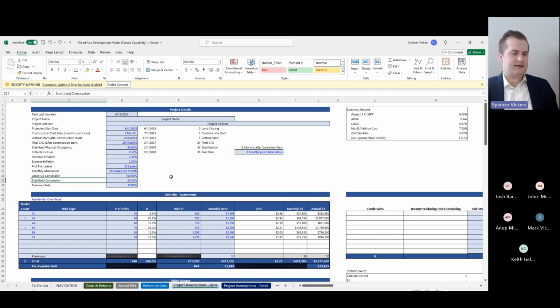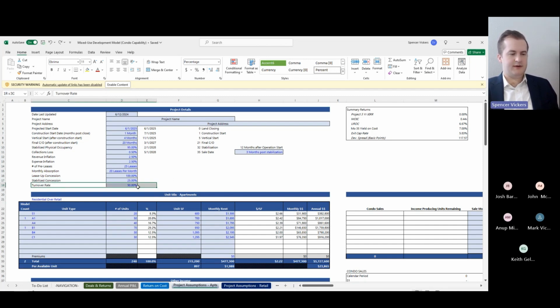So that's something to watch. It's important to include a stabilized concession if the market is concession driven. But to the extent that it's not concession driven, or you could reasonably suppose that the supply will be absorbed by the time you're delivering and you're ready for sale, that might be something that you can get a little bit more aggressive on.